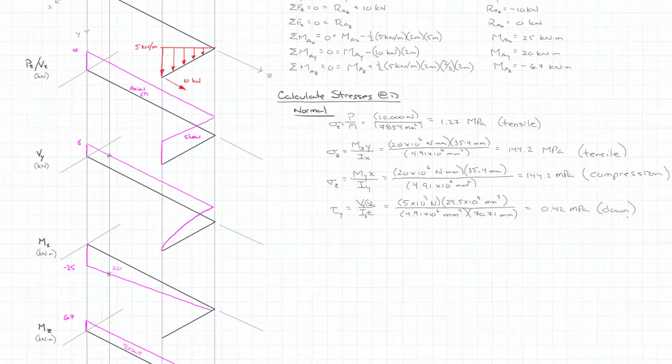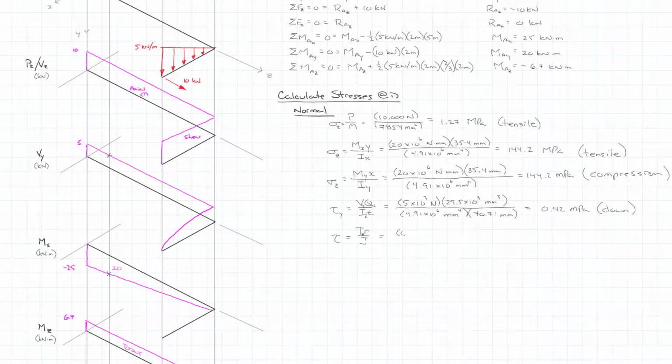Now the last one we need to do is to look at torsion, which of course is our torque or moment about the z-axis on that cross section. And so due to torsion, we get a tau, and that's equal to TR over J, where the torque is the moment about the z direction. And so let's do that out.